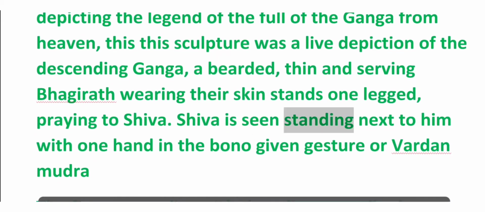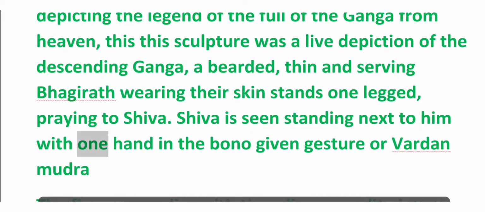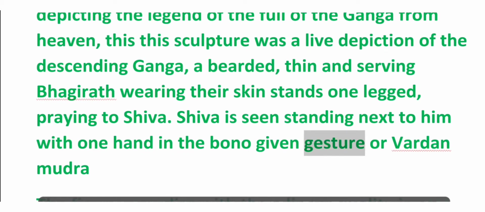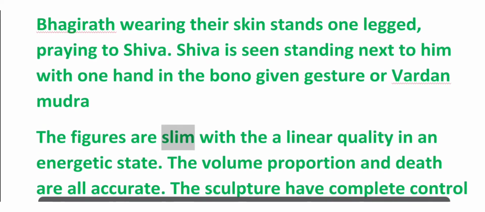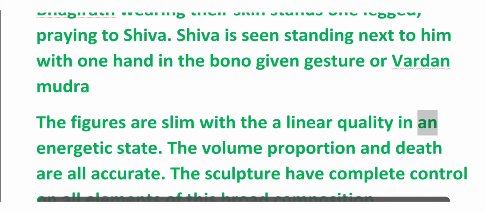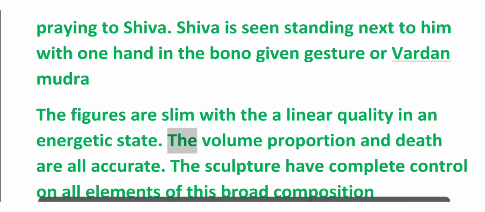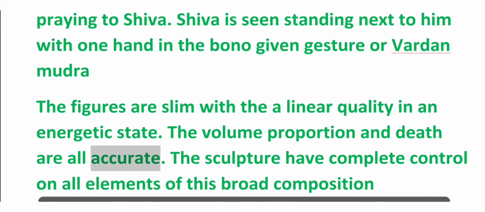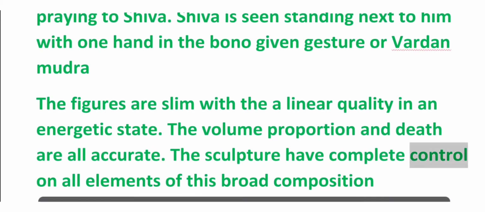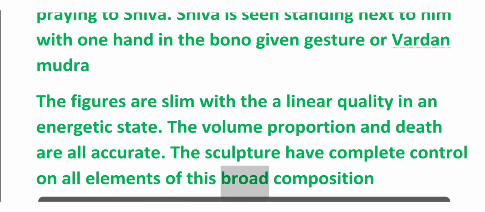Shiva is seen standing next to him with one hand in the boon-giving gesture, or Varada Mudra. The figures are slim with a linear quality in an energetic state. The volume, proportion and depth are all accurate. The sculpture has complete control over all elements of this broad composition.